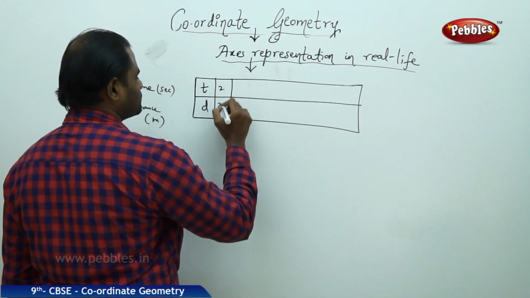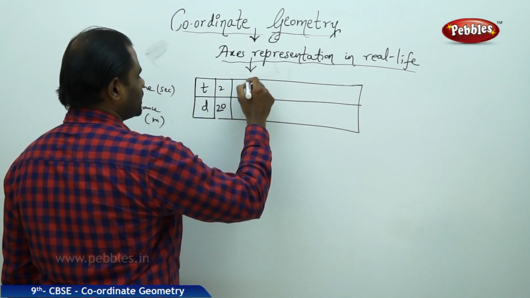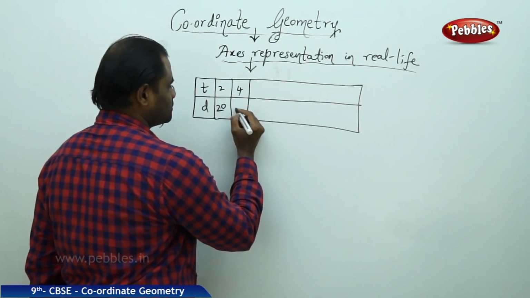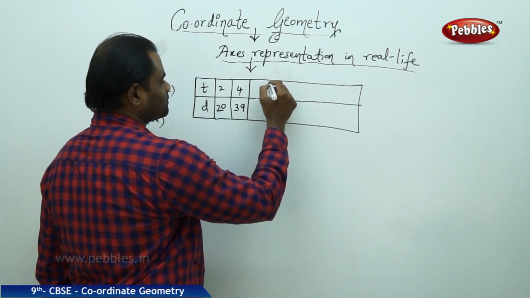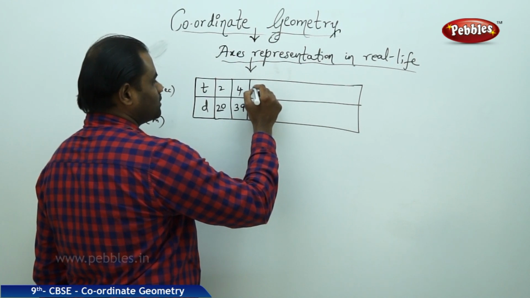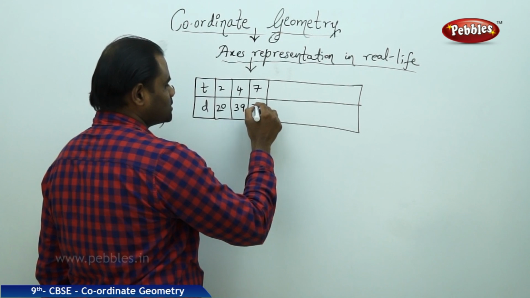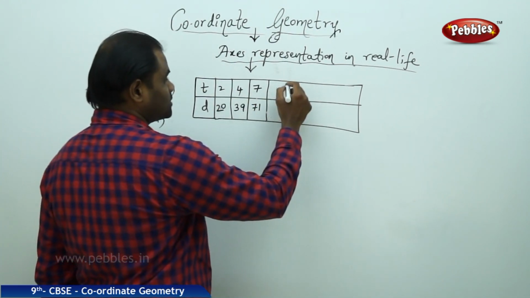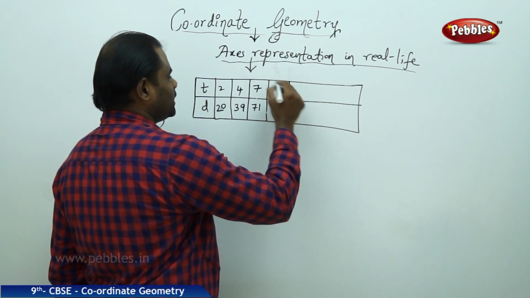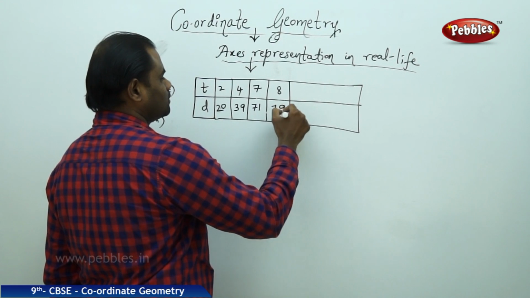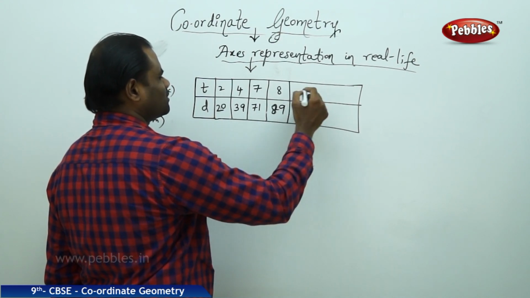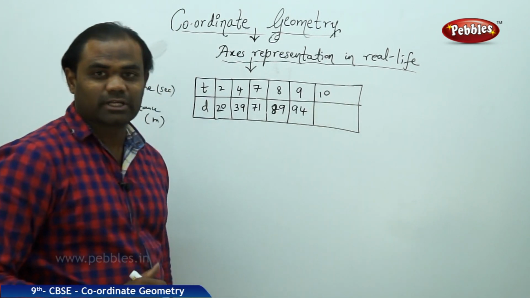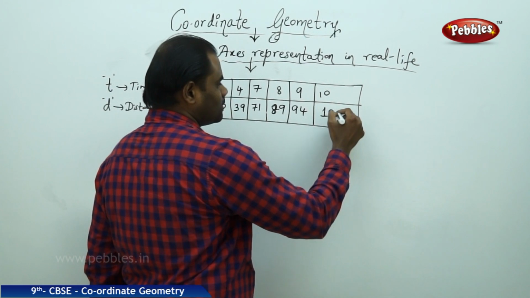20 meters, and then say the distance run in 4 seconds by the sprinters is 39 meters, and say the distance run in 7 seconds is 71 meters, and the distance run in the 8th second, and the distance run in the 10th second is say 100 meters.